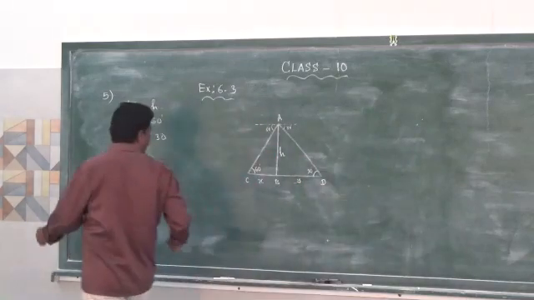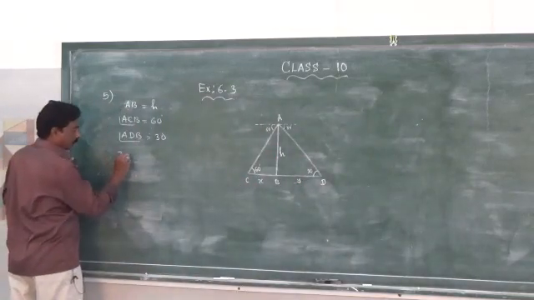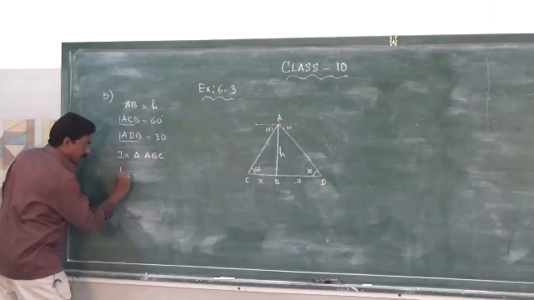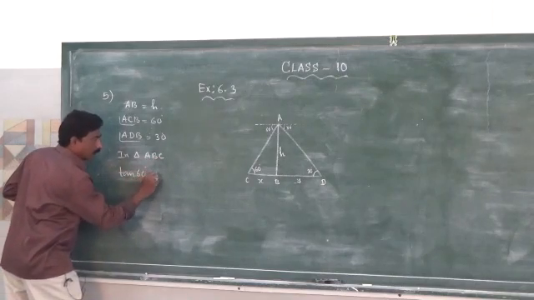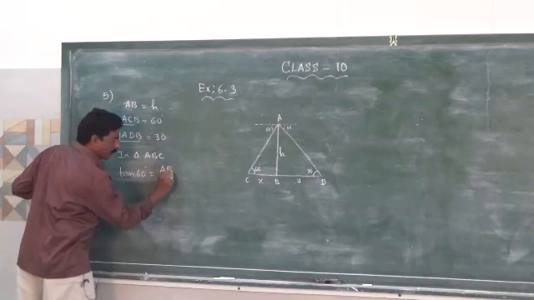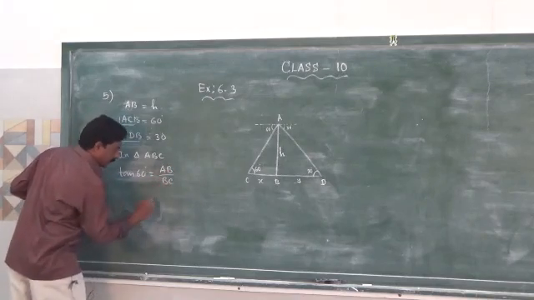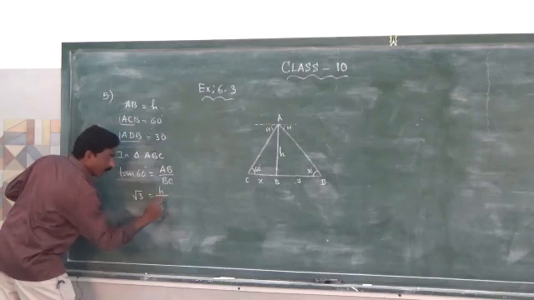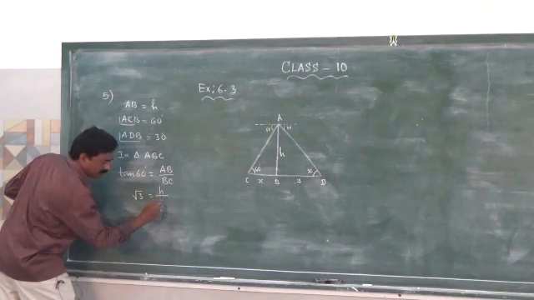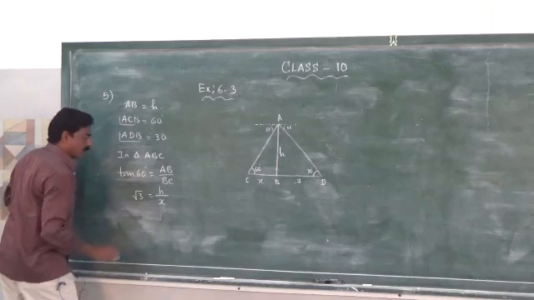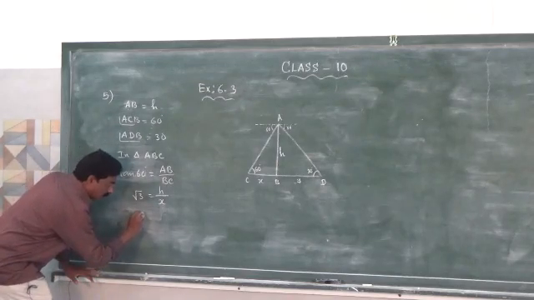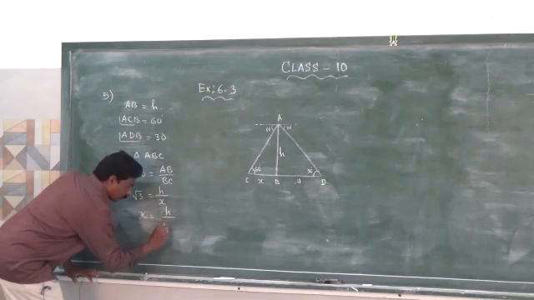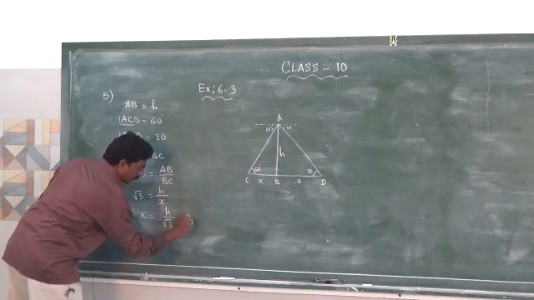So in triangle ABC, tan 60 equals AB opposite by adjacent. Tan 60 is root 3, AB is h, by BC. If you want, you can take BC as x. So root 3 equals h by x, and when you cross multiply, x is equal to h by root 3.